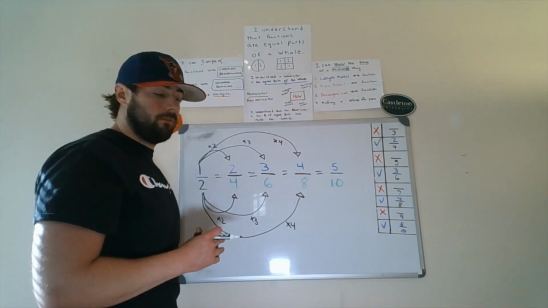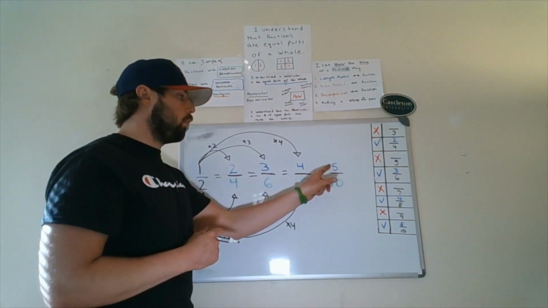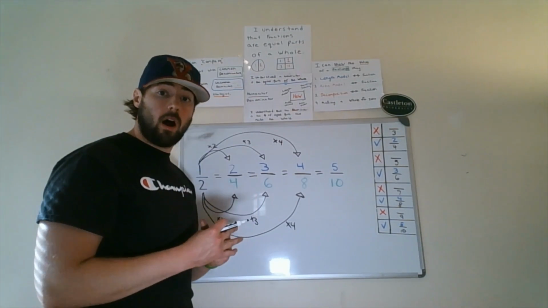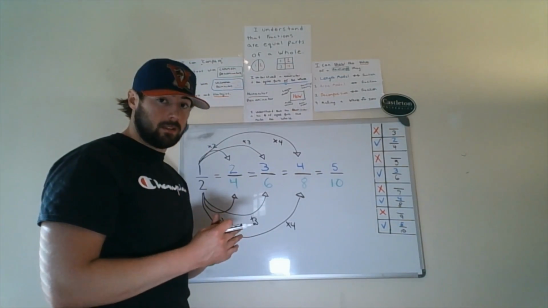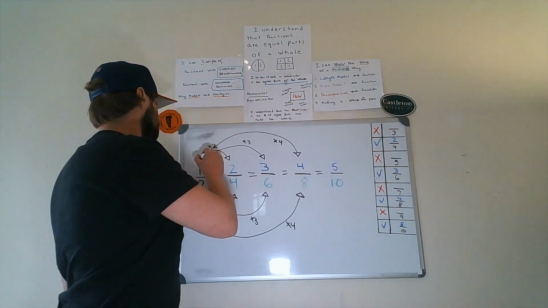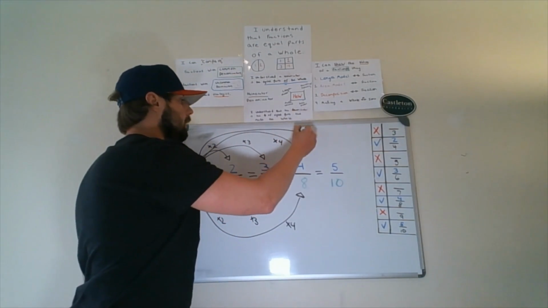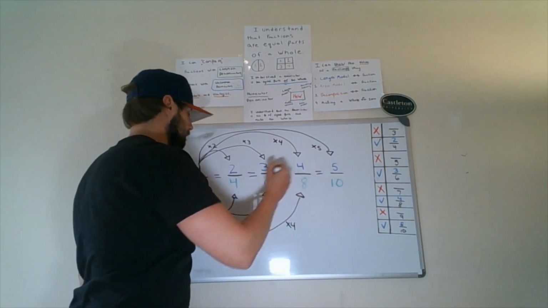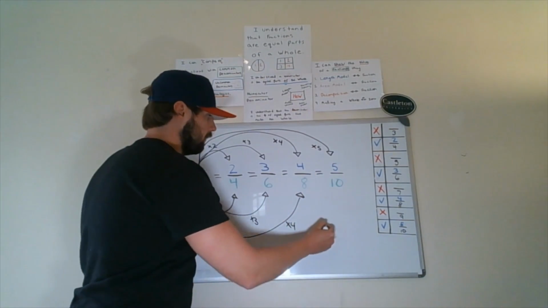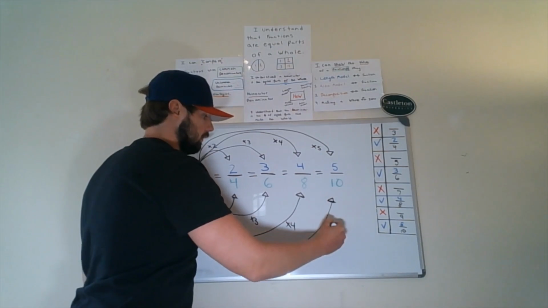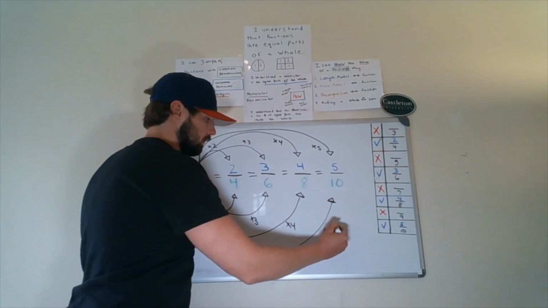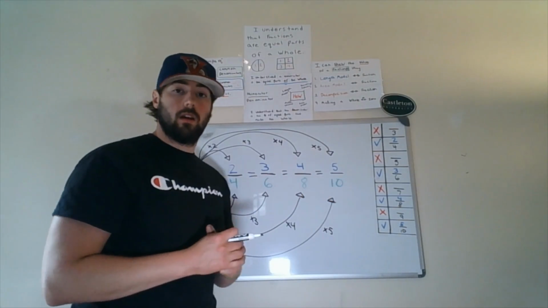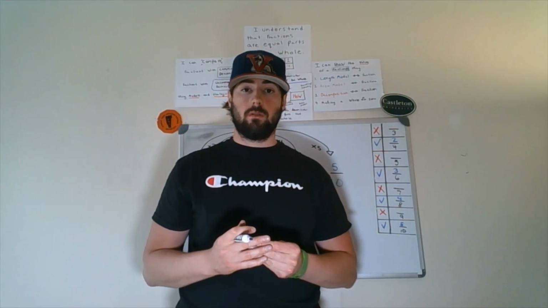When we found 1/2 is equivalent to 5/10, the parts were smaller, but they were equivalent. We were multiplying, making those parts smaller by 5 times. Parts getting smaller, having the same value.